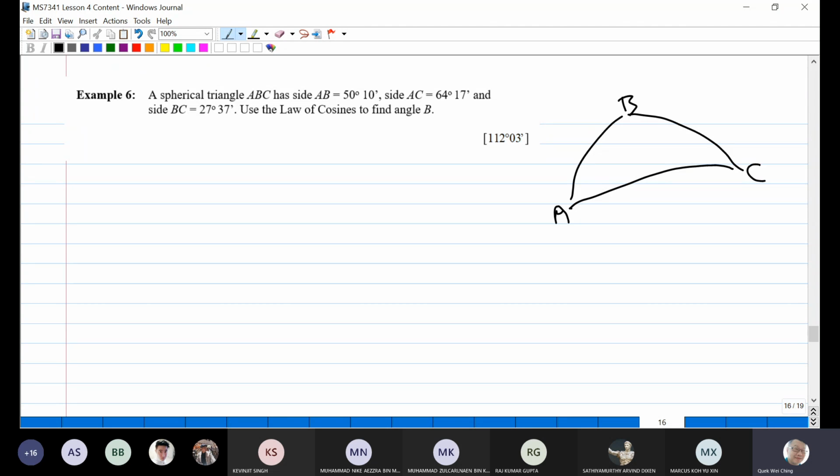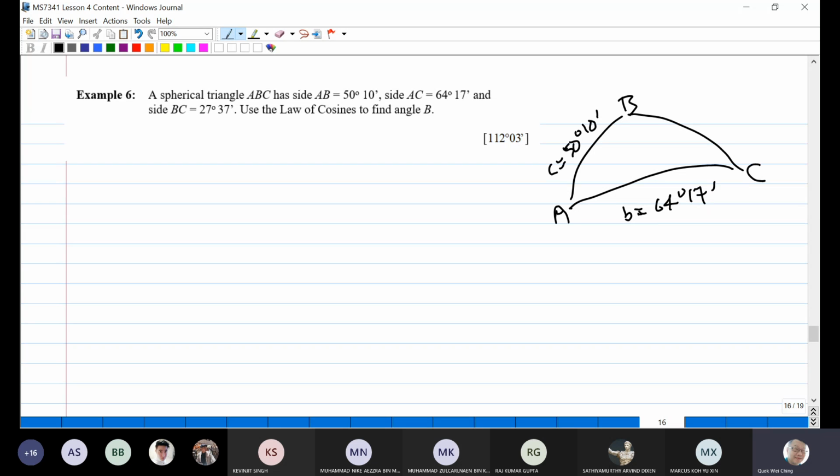The side AB is 50 degrees 10 minutes. This is AB, it's side C here, opposite angle C. The side AC is opposite angle B, so this is side B here, 64 degrees 17 minutes.